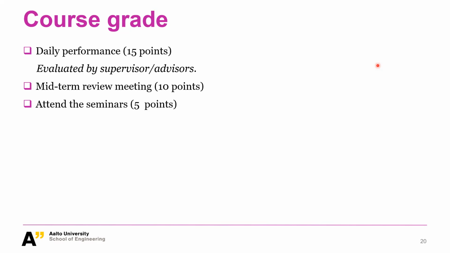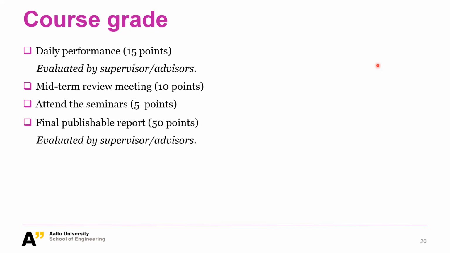But we want to see your progress there. And attending seminars, 5 points as well. Easy points for you to get, just to see something in your account. Otherwise you will see nothing. All this daily performance and final report will be given towards the end. So midterm reports, the points will be given early, and attending seminars, if you attend one, you will get 5 points.